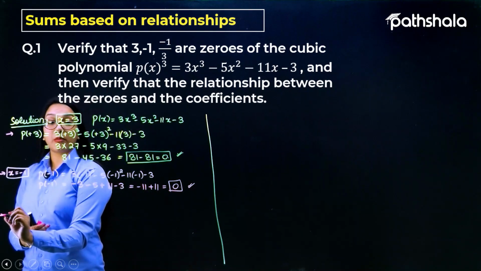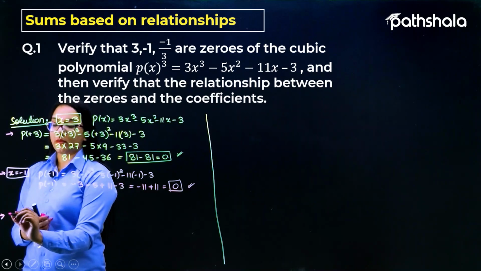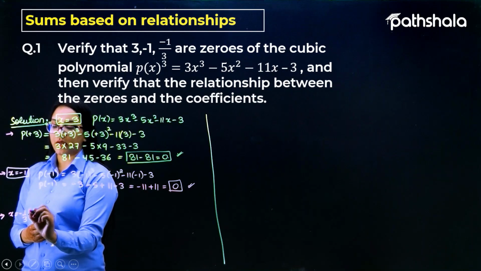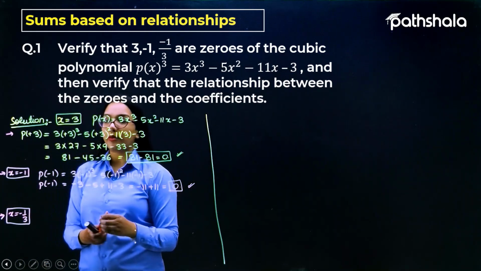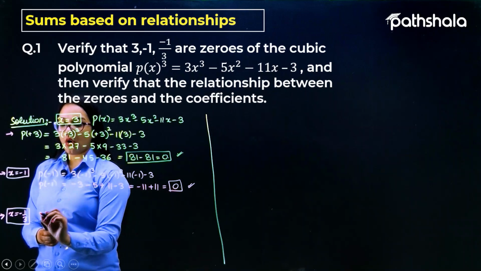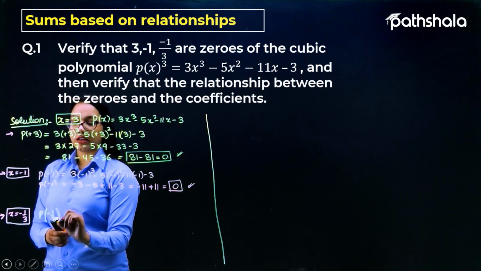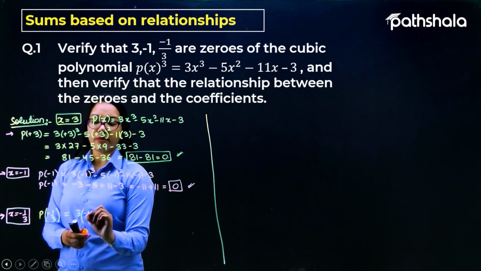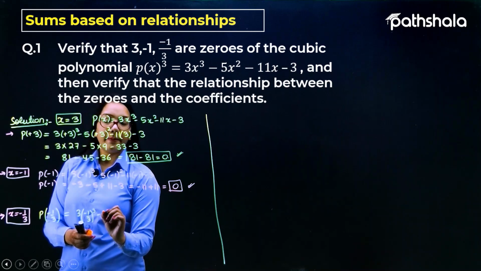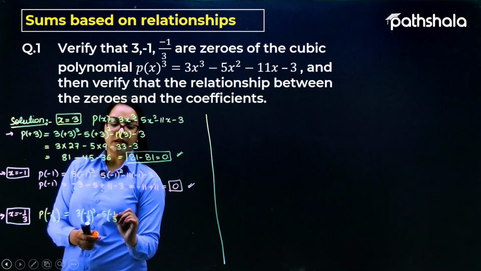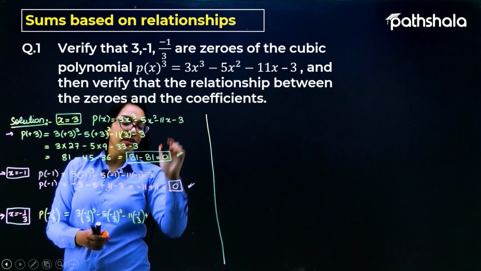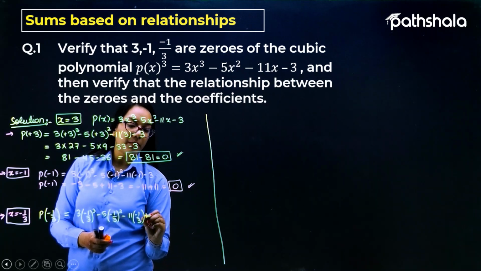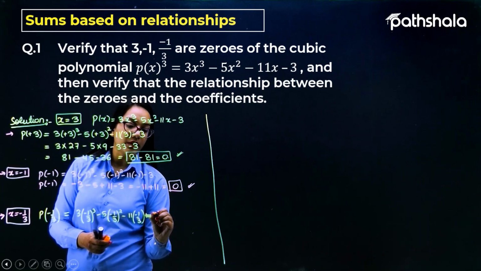Now let's talk about x is equal to minus 1 by 3. Let's substitute x is equal to minus 1 by 3 into the cubic polynomial again. So p of minus 1 by 3 is equal to 3 into minus 1 by 3 whole cube minus 5 into minus 1 by 3 whole square minus 11 into minus 1 by 3 minus 3.